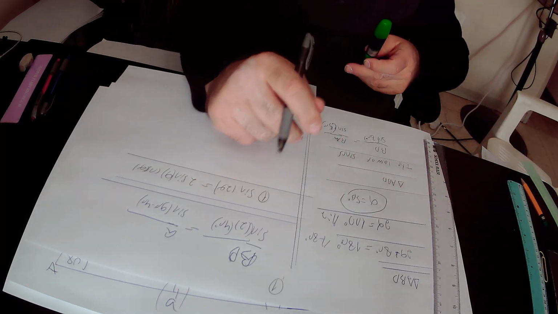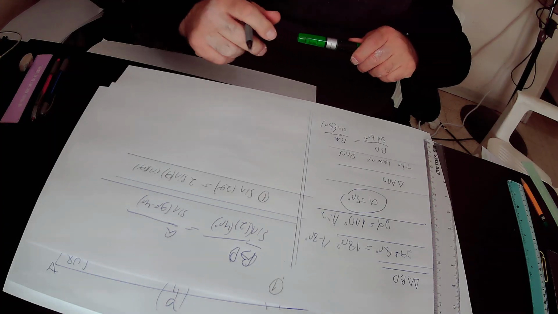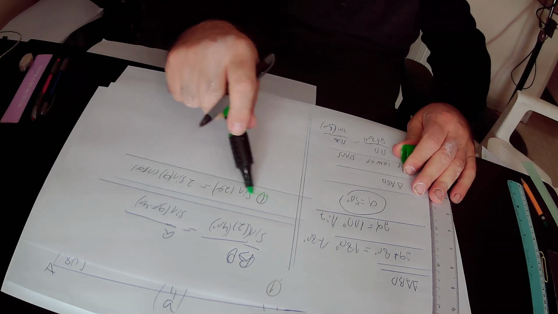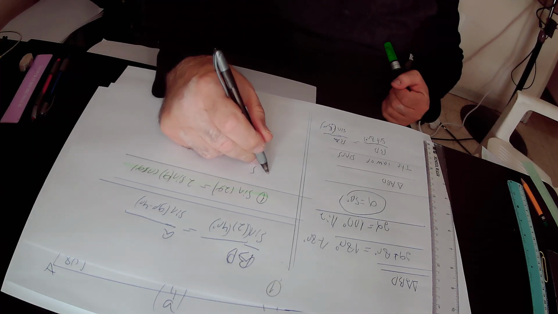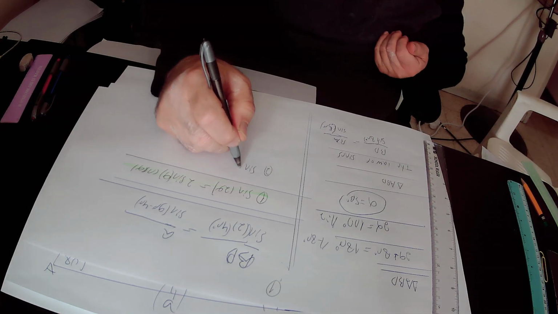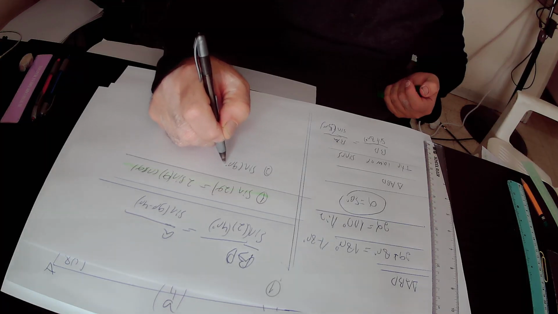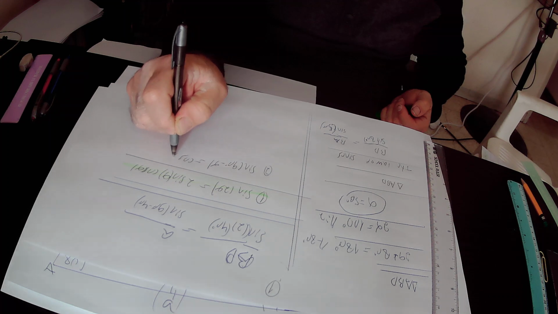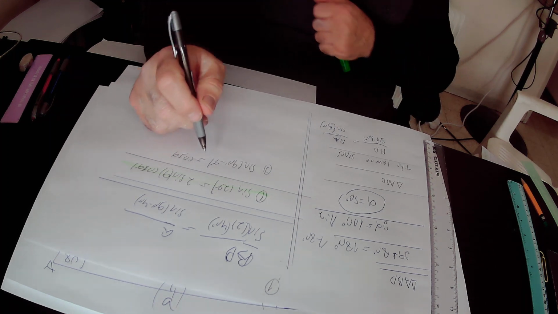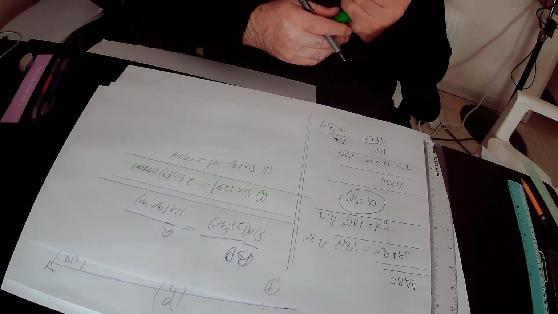And we will use another trigonometric identity in our equation: sin of 90 degrees minus alpha equals cosine alpha. So we use those two trigonometric identities in our equation.